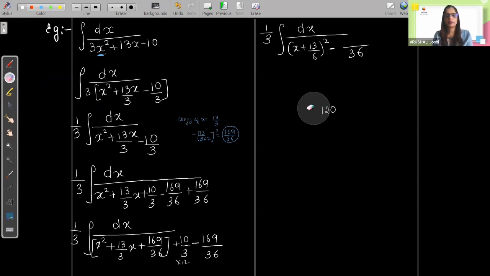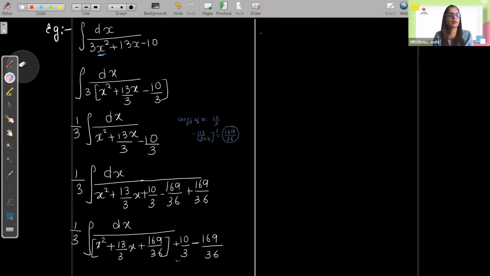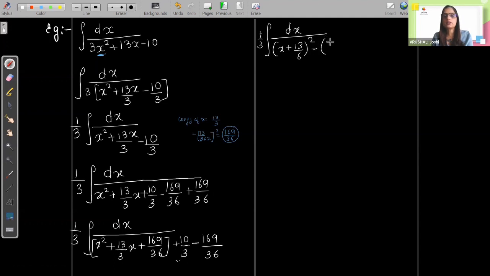Wait, let's do one thing. 120 plus 169 is 289. So here what we will do is, I want to rewrite this so that it becomes a little easy. So this is going to be integration of 1 by 3, dx by x plus 13 by 6 the whole square minus, into bracket, let's take 10 by 3 plus 169 by 36. क्योंकि we needed this as a square और वो calculation के वक्त I realized कि वो square नहीं आ रहा है.